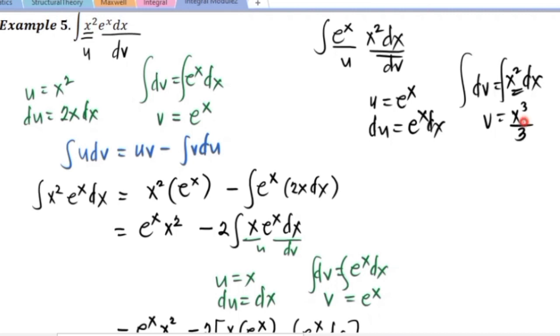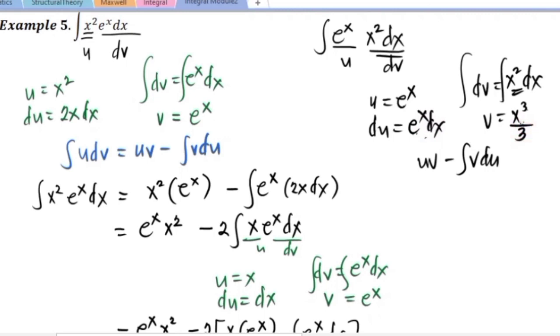So, lalaki yung exponent niya at imomultiply natin siya dito because you have the uv minus integral of v du. So, your v will be x cubed na and your du is e^x dx. So, again, ang mangyayari, ililet mo na naman to na u and then eto na naman yung dv natin.